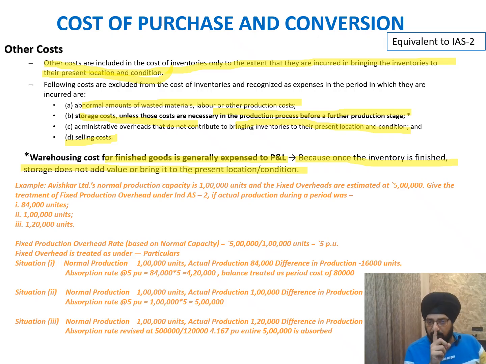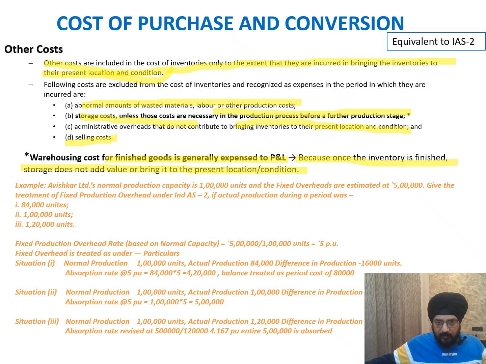Warehousing cost for storing raw materials has to be considered: only if it is necessary to make inventory available so that production can start, it will be included. And if it is very difficult to find that correlation, then it should be explicitly excluded, and my inventory should not be absorbed with the cost of the warehousing.